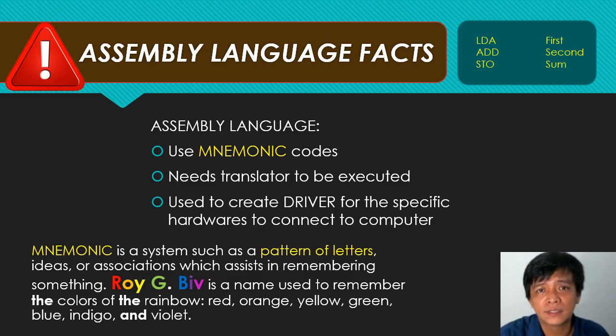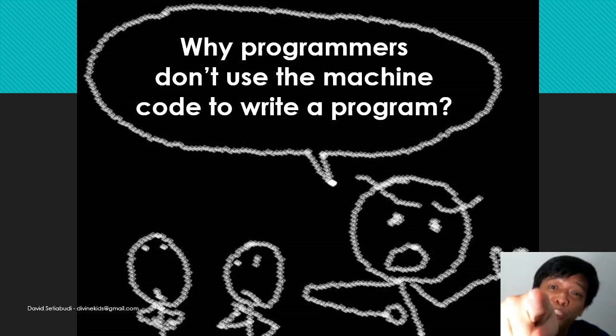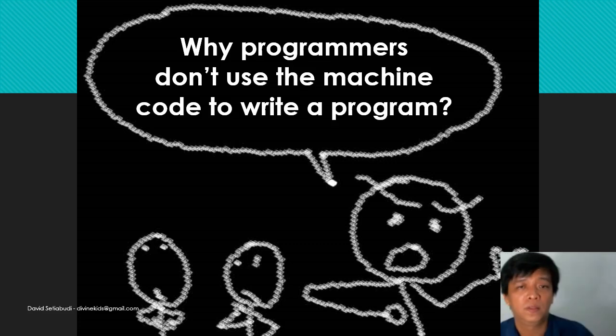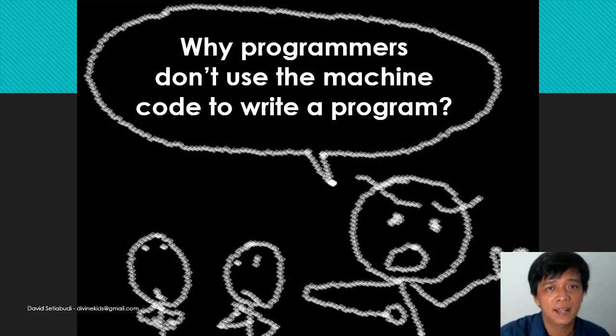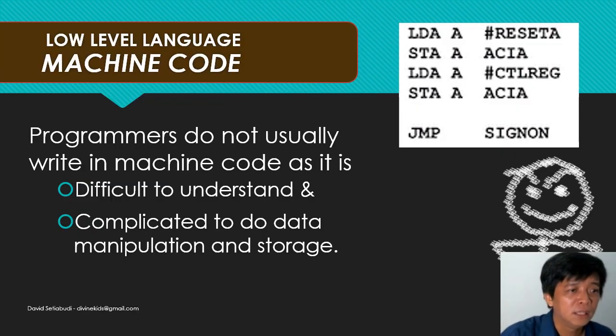Okay? Let's go next. Why don't programmers use machine code to write a program? Can you answer the question of this person? Why don't you write a program in 010101010101? Why is that? This one, the low-level language. The first one is the assembly language.